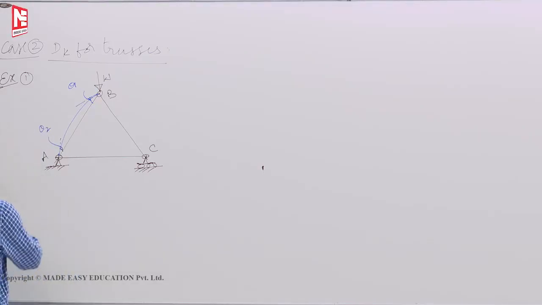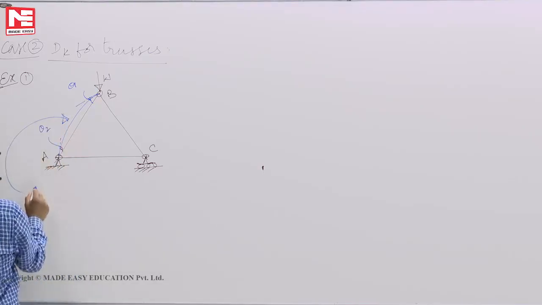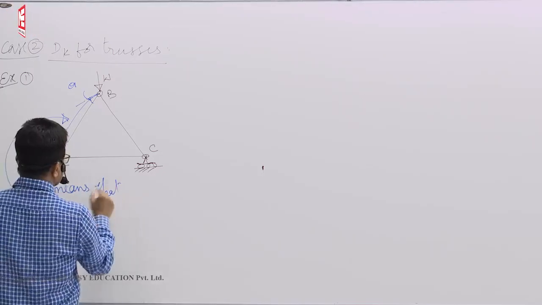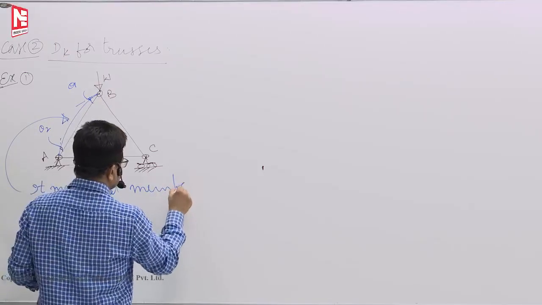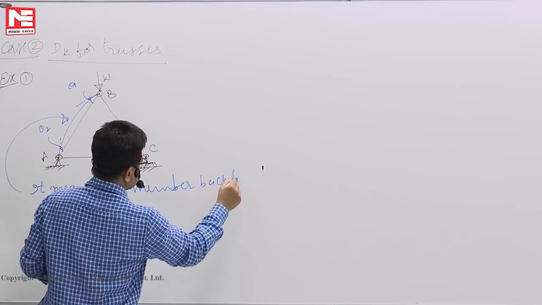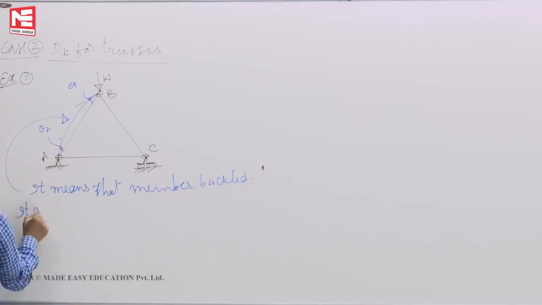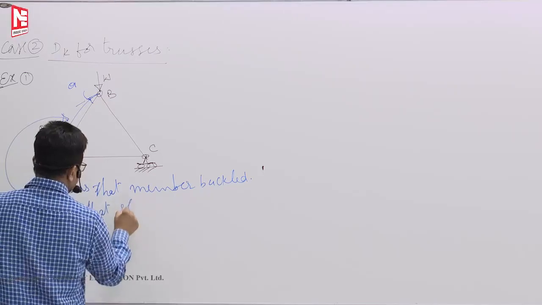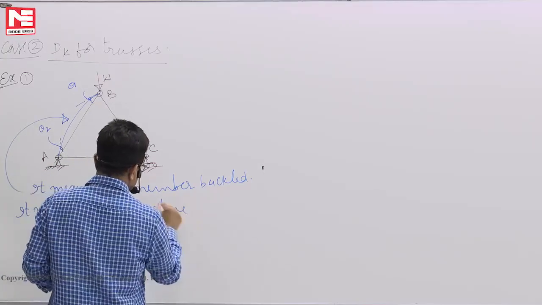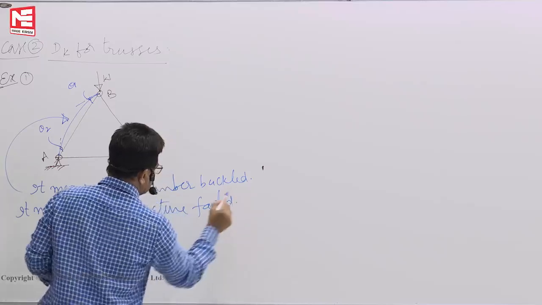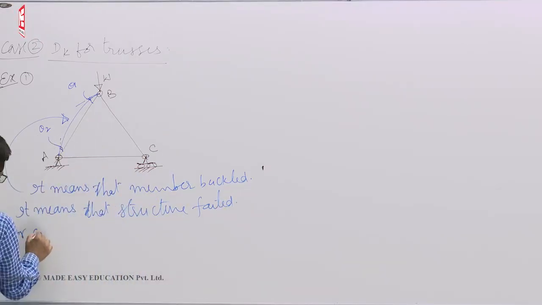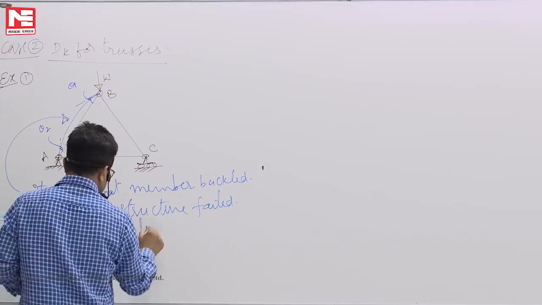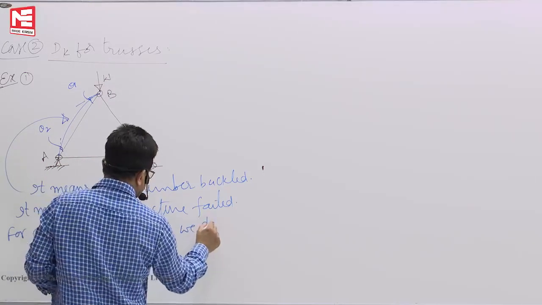So this means that the member buckled. It means that the structure failed. Then for collapsed structures, we don't find deflection.